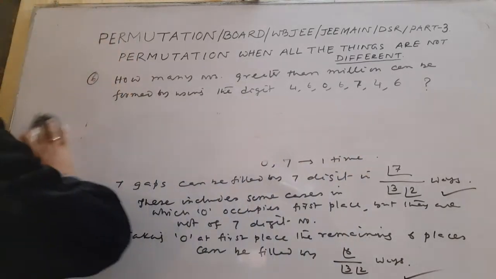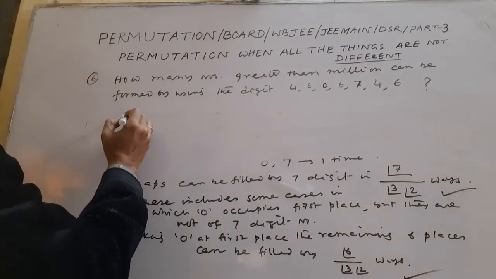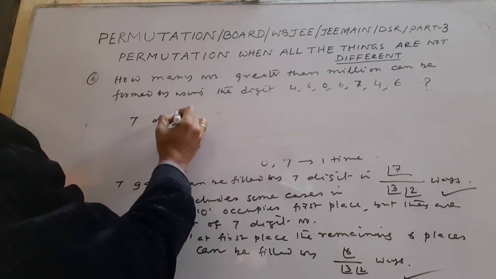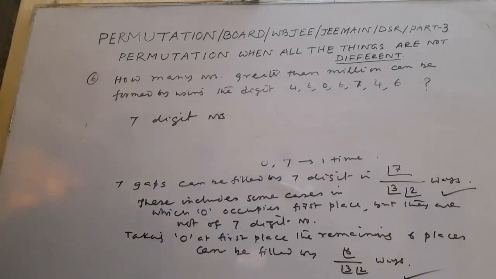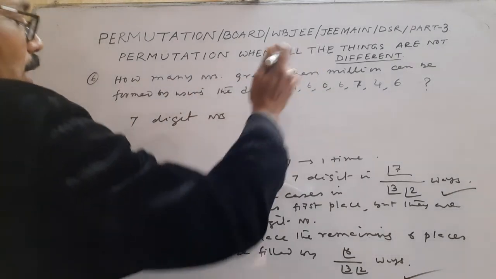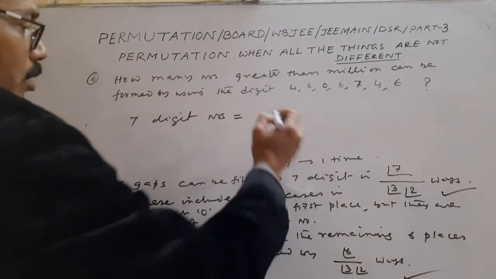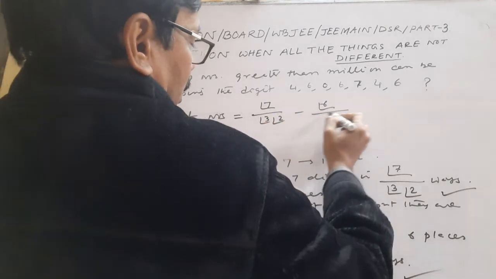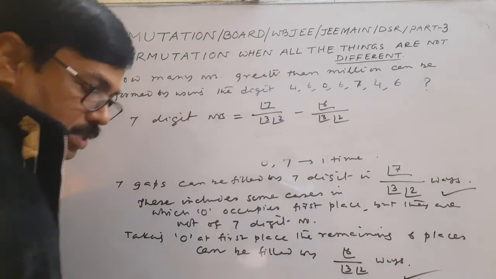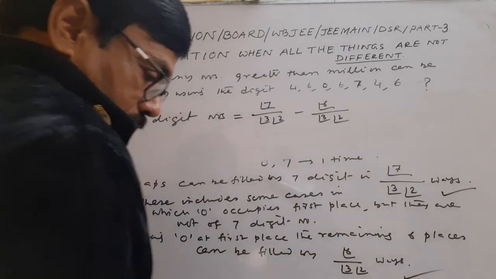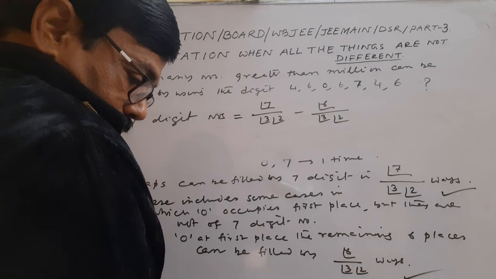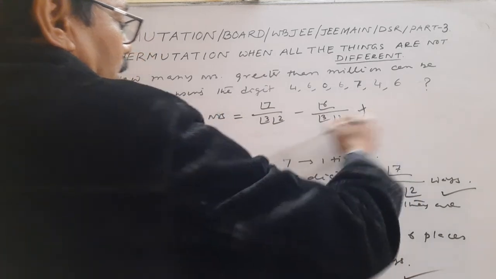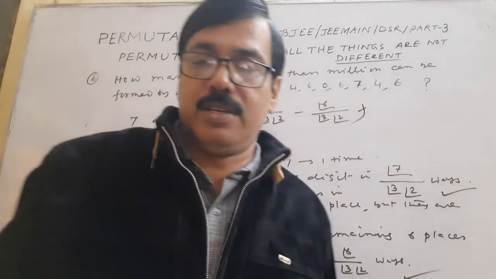Therefore, seven-digit numbers, that is numbers greater than a million, equal factorial 7 by factorial 3 into factorial 2 minus factorial 6 by factorial 3 into factorial 2. So simplifying, we get the result.